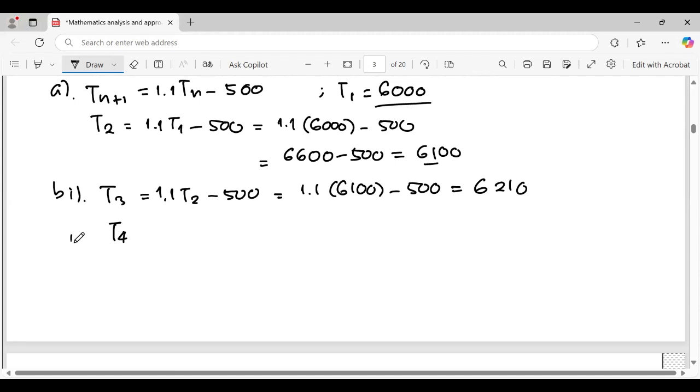T4 equals 1.1 times T3 minus 500, so 1.1 times 6,210 minus 500, and if you calculate, the result is 6,331.